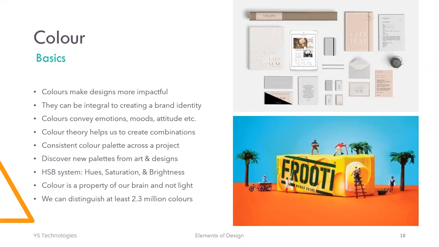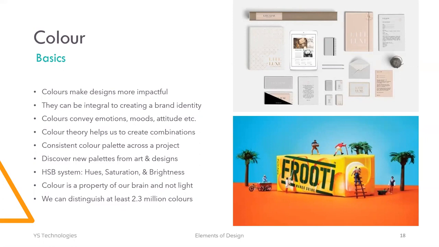When discussing color, you'll see mentions of terms like hues, saturation, and brightness, which collectively is known as the HSB system. We'll look more into that soon.